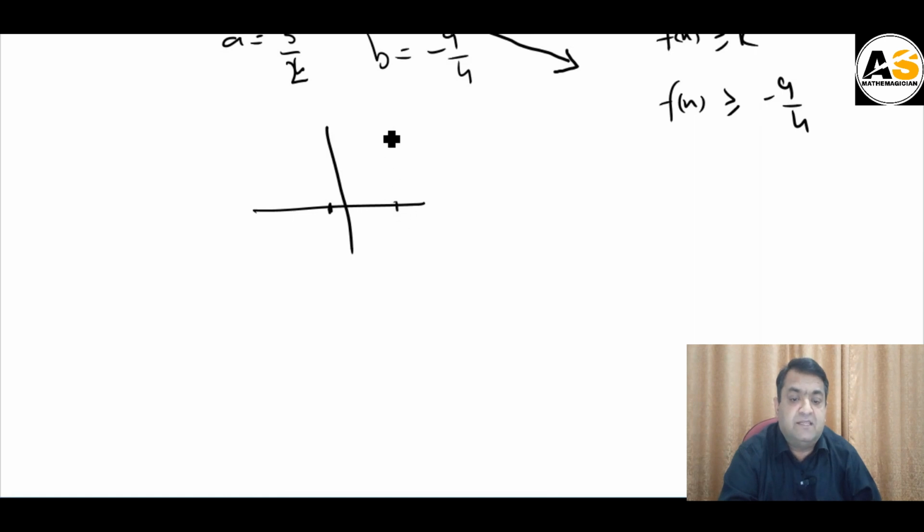The minimum value is minus 9 over 4. It will be somewhere like this. So this will be the graph, and you see, you can check through the horizontal line test. This is not a one-to-one function. So f of x does not have an inverse.